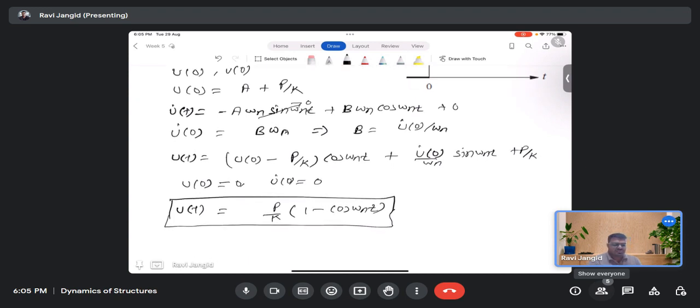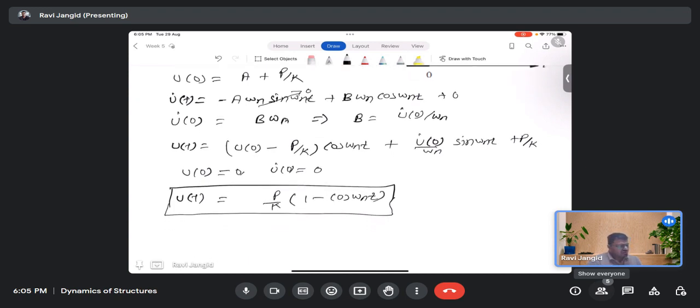The equation for the Duhamel integration, u(t) is given by 1 by m omega n, integral from 0 to t of p(tau) sine omega n (t minus tau) d tau.